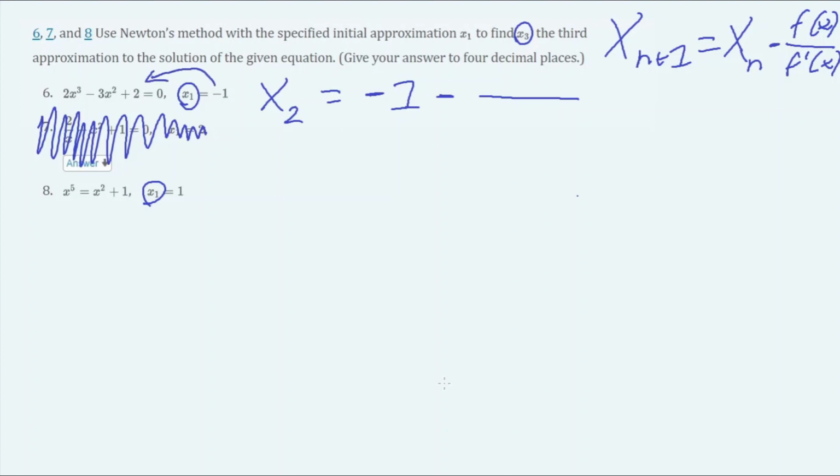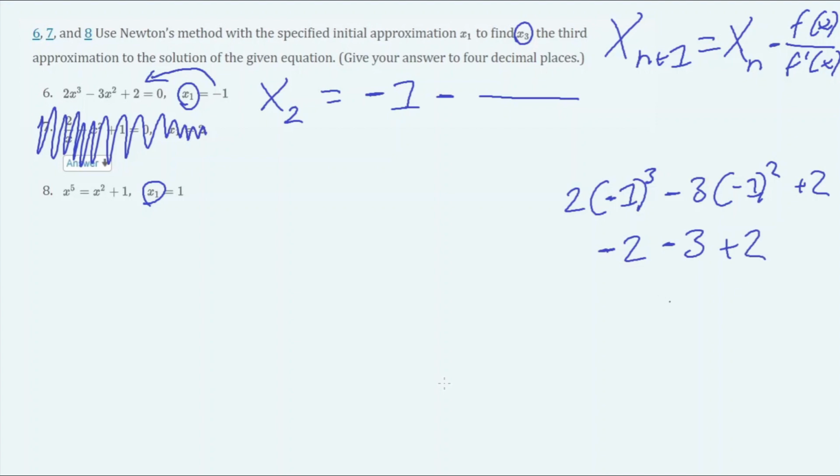So if we plug in -1, we're going to have 2 times -1 cubed minus 3 times -1 squared. Oh, this is a cube. And then plus 2. So here we have -2, and then here we would have -3 plus 2. And that would give us an answer of -3.